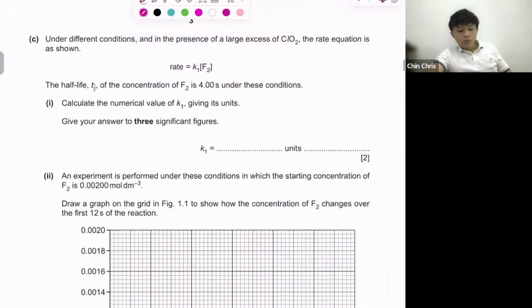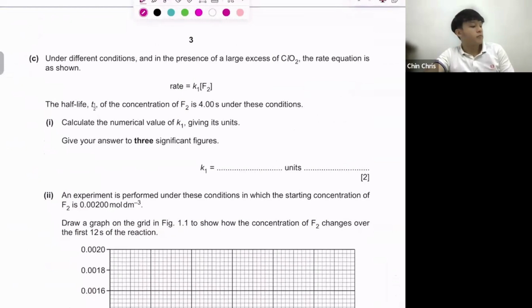Okay, guys, now let's try. Calculate the numerical value for k.